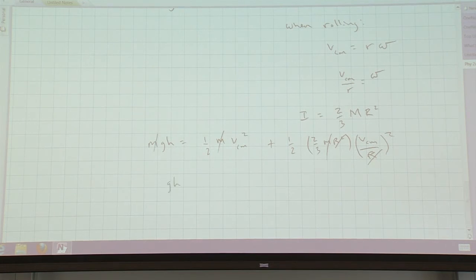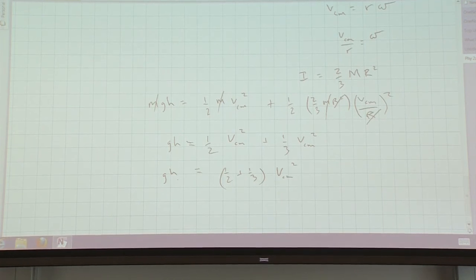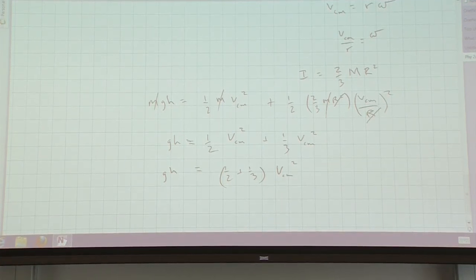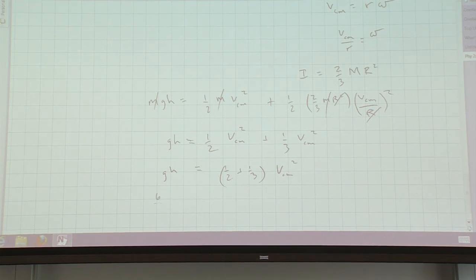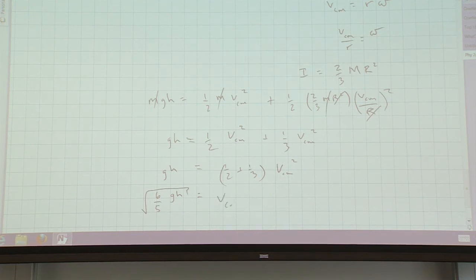I've got gh is equal to 1/2 v squared plus 1/3 v squared. So I can solve for v center of mass now. What is that? 5/6, so 6/5 gh equals v center of mass squared.